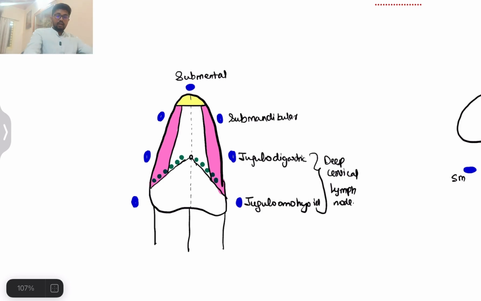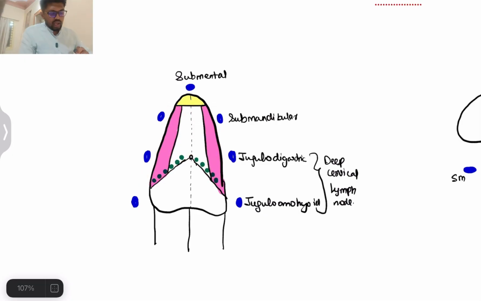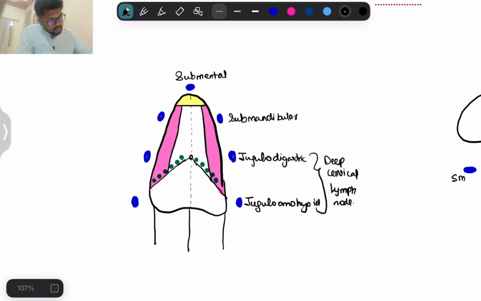We'll divide the anterior two-third part of the tongue into the tip, the median or central part, and the lateral part. Now we'll see how it gets drained. The tip will drain bilaterally into the submental group of lymph nodes. The lateral part will drain into the submandibular group.